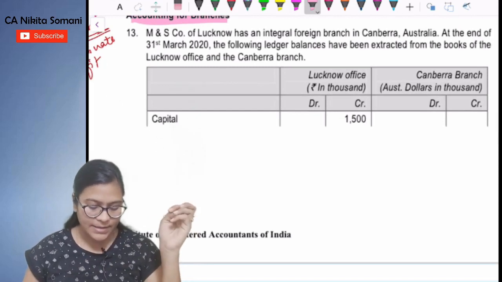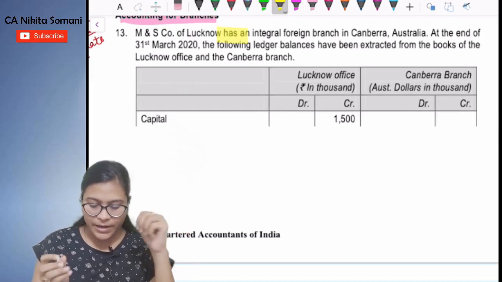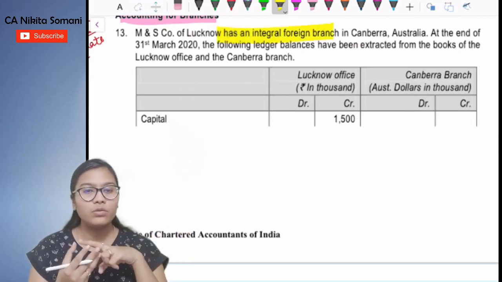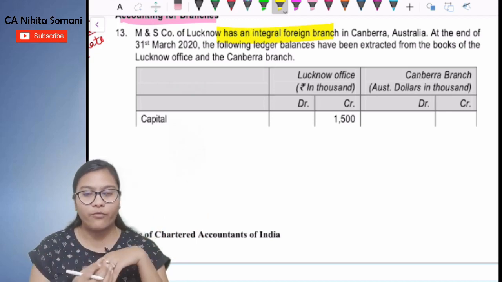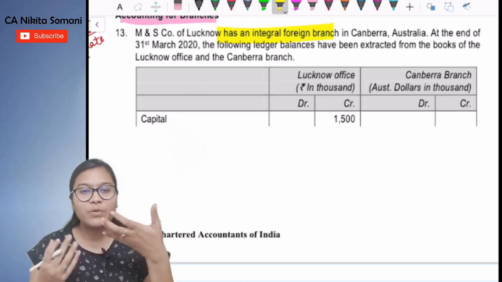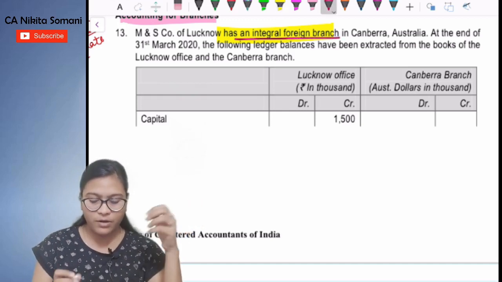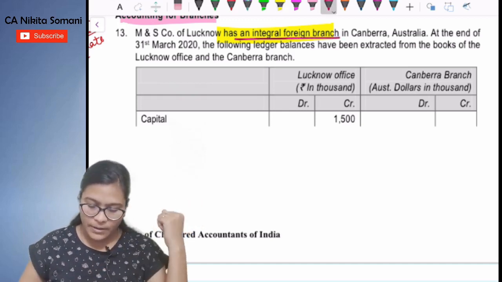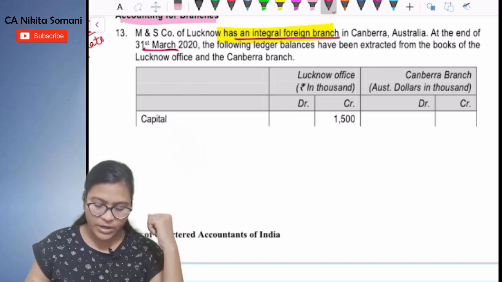Question number 13 says, MSN Company of Lucknow has an integral foreign branch. There are two things basically, integral foreign branch and non-integral foreign branch. So in both concepts also there are different concepts. Okay, so this says: integral foreign branch in Canberra, Australia at the end of 31st March 2020.